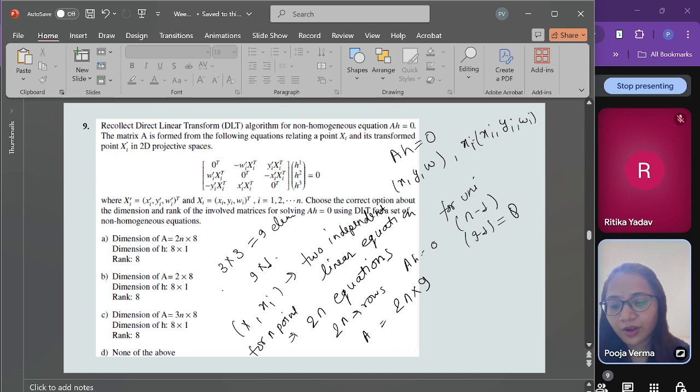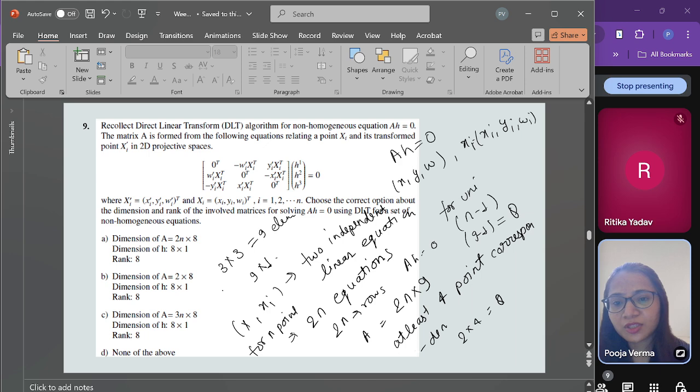This requires at least 4 point correspondences, because 2n equations will be there, right? So at least 4 point correspondences, and 2 into 4 will be 8 only.